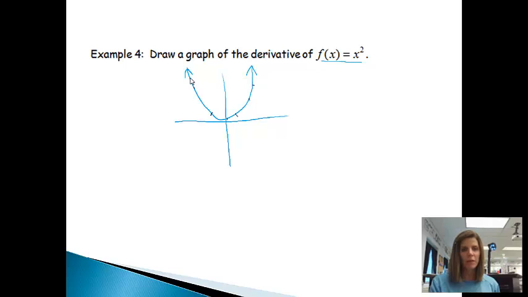Okay, so if I'm looking at the slopes of the curve, I'm looking for the slope of this tangent line. And if you'll notice, the slope of this tangent line is negative, and it's pretty steep. So I'm just making up a value here. Let's say the slope of that tangent line is about -3, right? And then if I come down to this point, and I draw the tangent line, and a tangent line is just a line that touches the graph only in one spot, just at that spot right there, never again. If I'm looking at the slope of that tangent line, it's still negative, and it's not quite as steep as this one, so I'm going to call it a slope of -2.